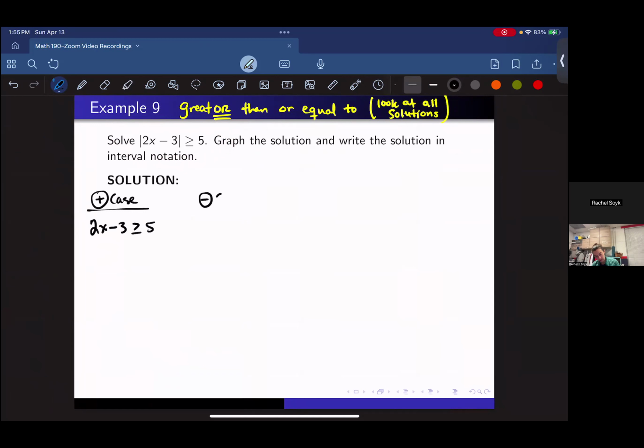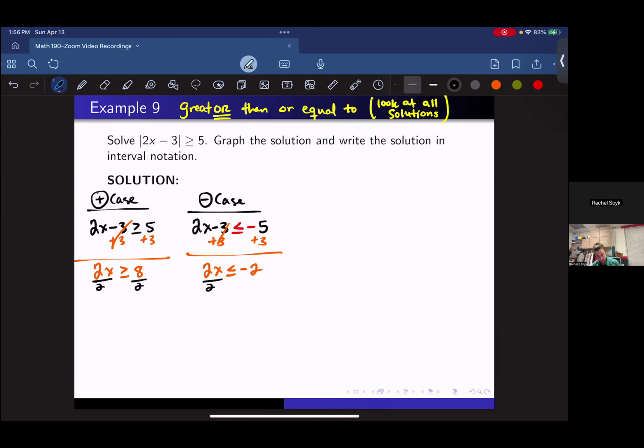Negative case, we drop the absolute value, flip the inequality sign, and multiply that right-hand side by a negative. Now we're going to go ahead and solve. We'll add 3 to both sides in both cases to get one step closer to getting our x value all alone on that left-hand side.